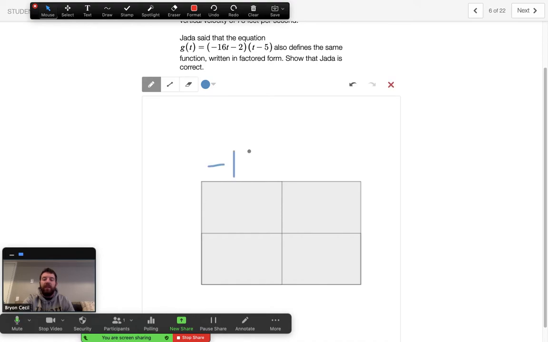If I have a negative 16t here and a negative 2 here, we've got a t and a minus 5. So negative 16t and t does give me a negative 16t squared. Negative 2 times t is a negative 2t.